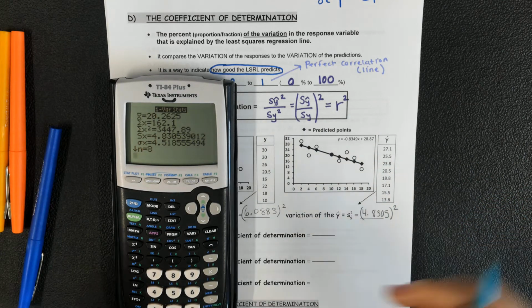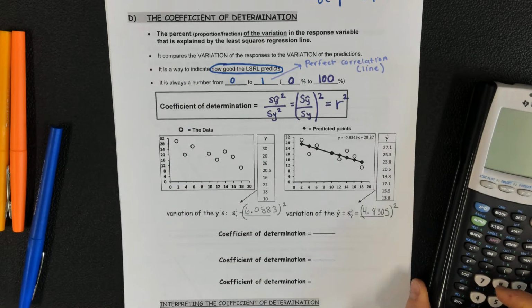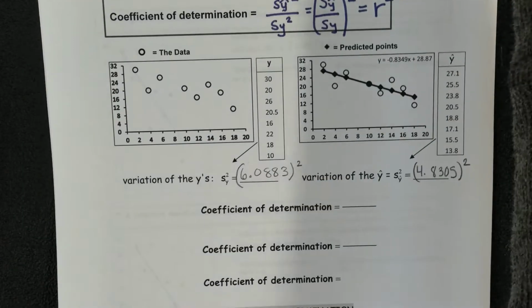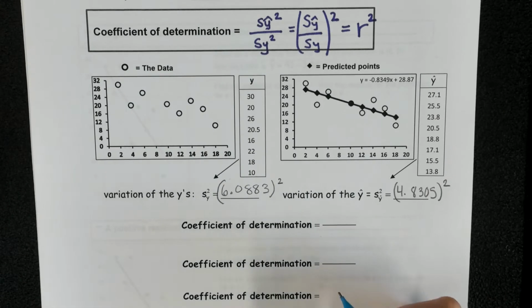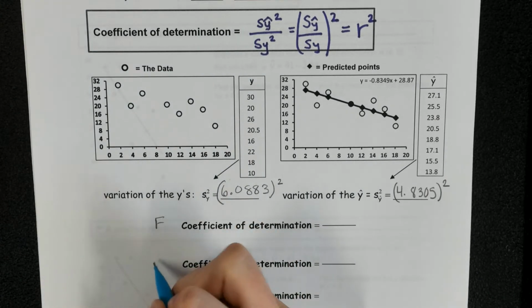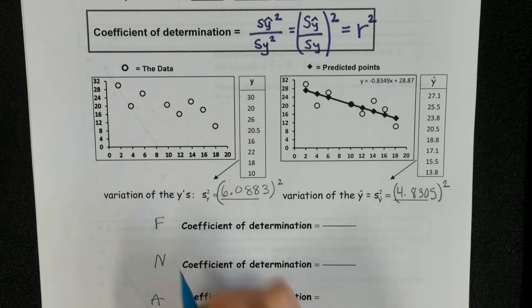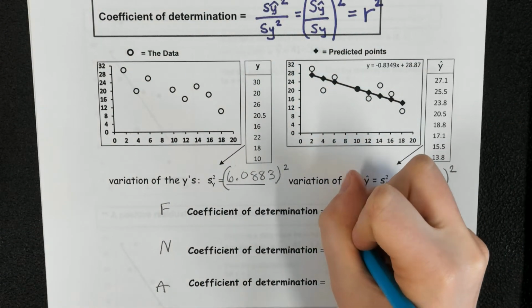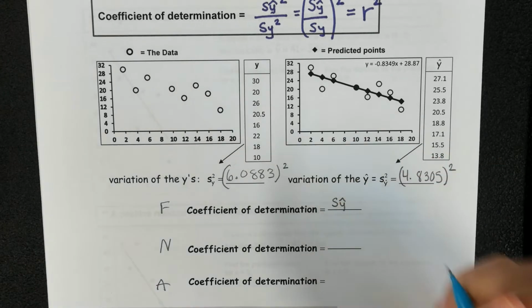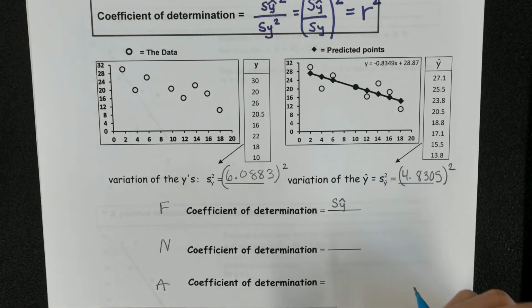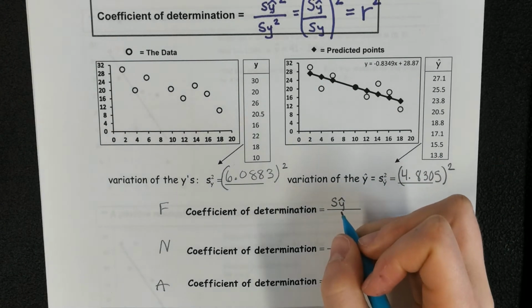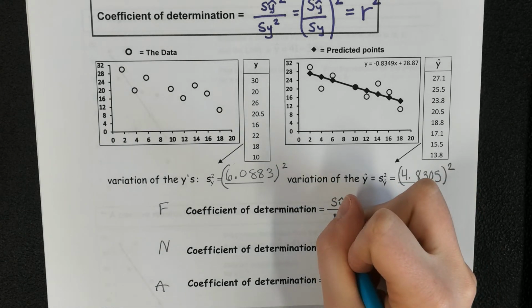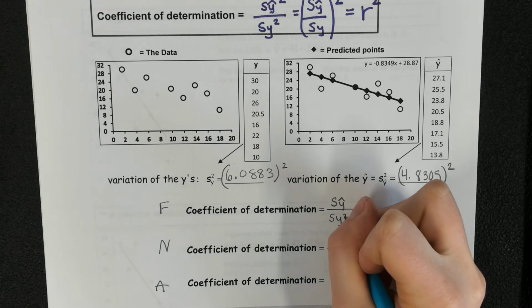Okay, and so now that we have these values, we can talk about finding our coefficient of determination. So our coefficient of determination, F, N, A. Formula, numbers, answer. So the formula right here is the y hat one, our standard deviation of our predicted y's, over the standard deviation of just our y values.